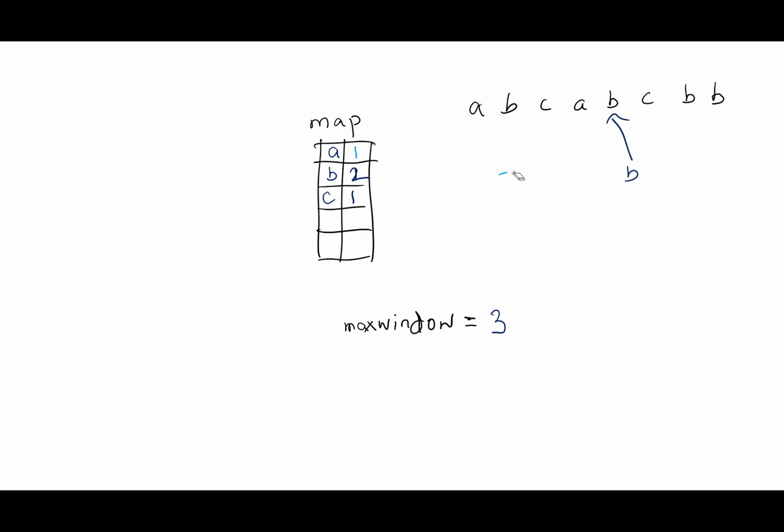Sorry, this is left. Now this one goes from 2 to 1. This window is now valid again. Since this window is valid, I start moving the right. Now see, C becomes 2. So this window is invalid again. I have to start pushing the left wall.